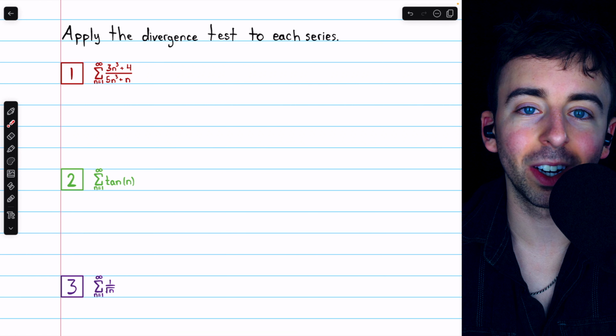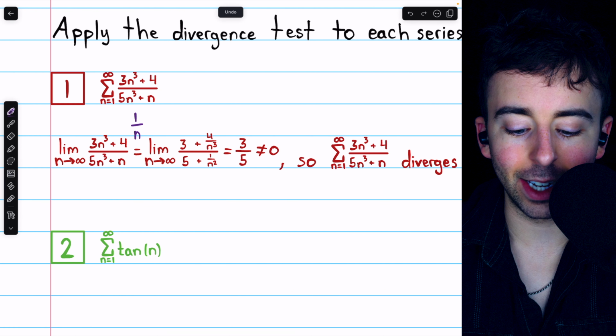Let's try applying the divergence test to this first series. So we're going to look at the terms of the series and ask, do they approach 0? So we're looking at the limit of (3n^3 + 4)/(5n^3 + n) as n goes to infinity. What we'll do is divide the numerator by the highest power of n and divide the denominator by the highest power of n. So we're dividing the numerator and denominator by n cubed.